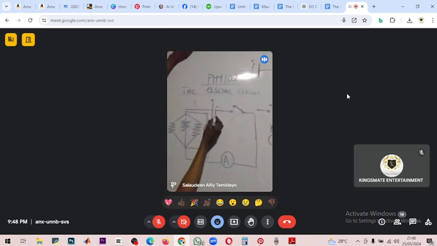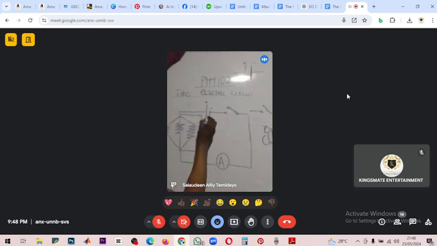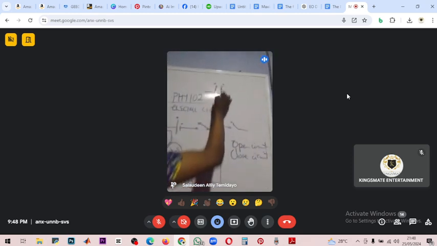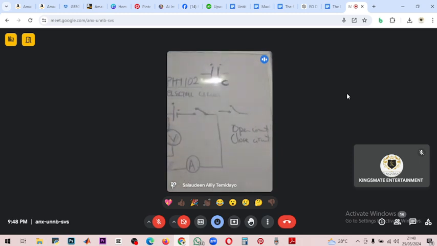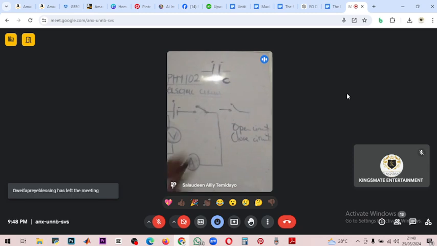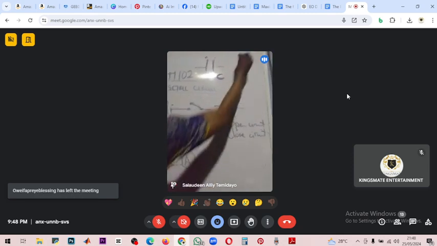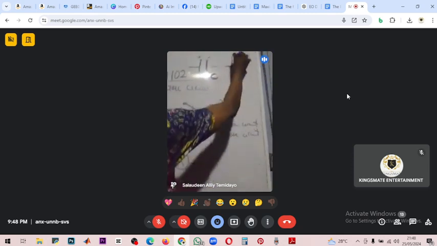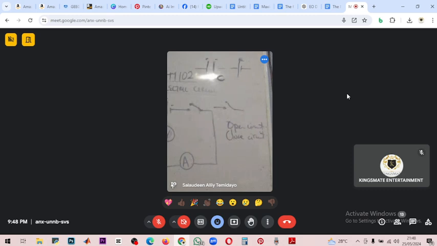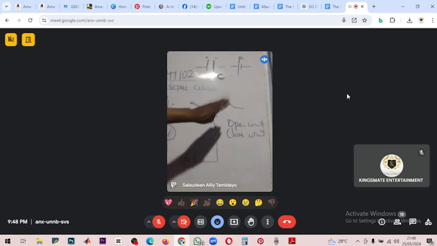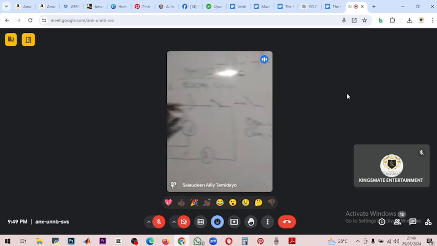The negative terminal is shorter in a cell, while the negative and positive terminals are the same in a capacitor. They are two different things. This is a capacitor, this is a cell. You should note the difference between them.